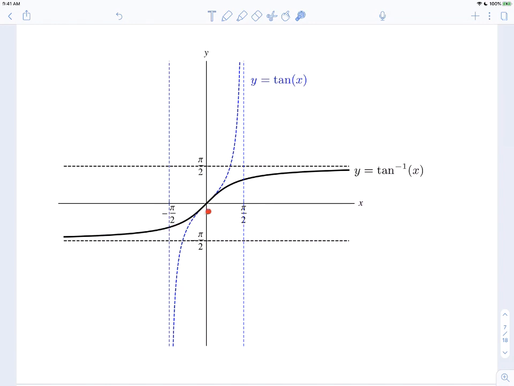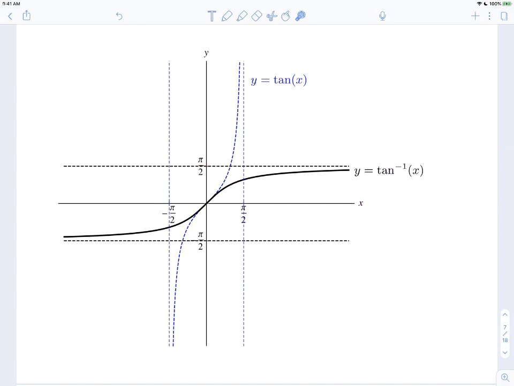So the inverse is this solid curve. The original function, tangent of x, is between minus pi over 2 and positive pi over 2. Similarly, its reflection through the line y equals x is this curve, which is also between minus pi over 2 and positive pi over 2.